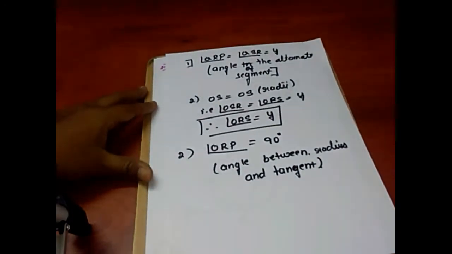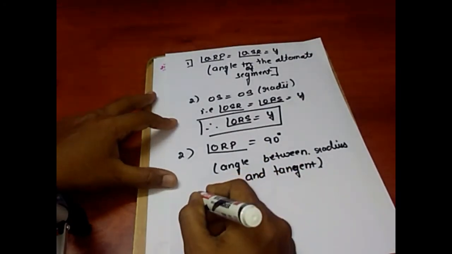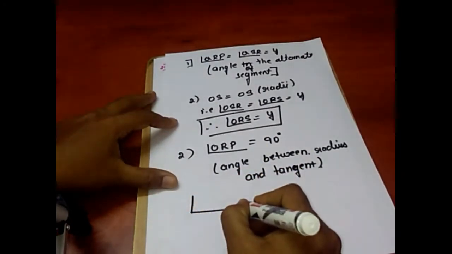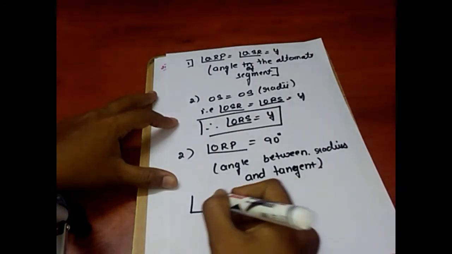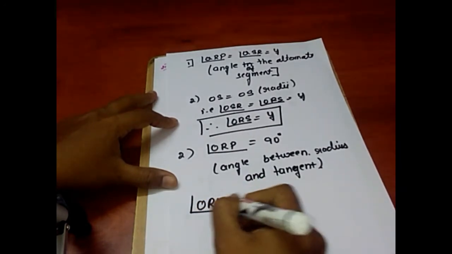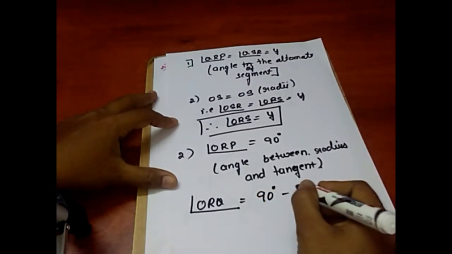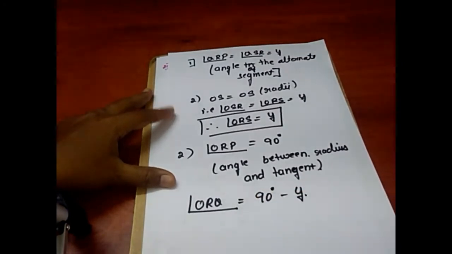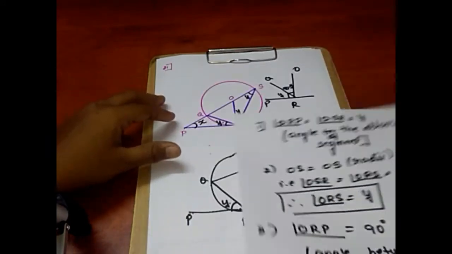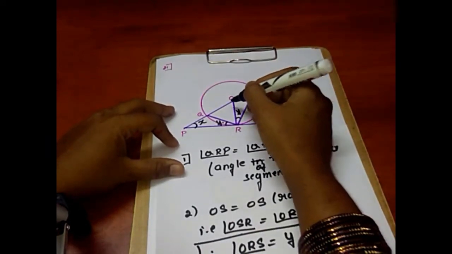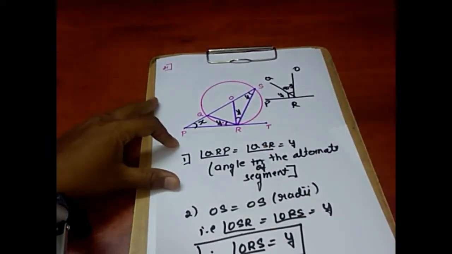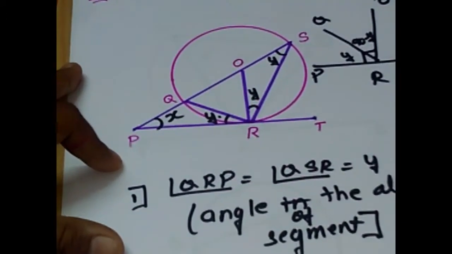Angle between radius and tangent. Therefore, angle ORQ is equal to 90 minus Y. Now, in the diagram, we can find that OR is equal to OQ.